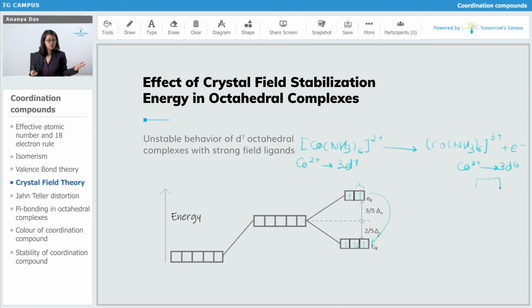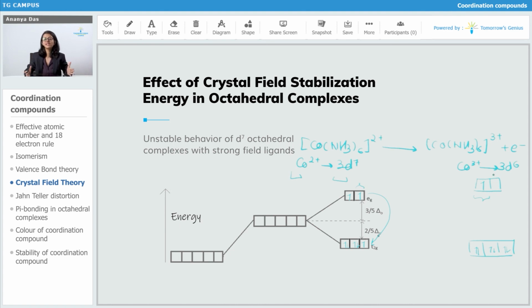So that the configuration we get is eg1 and t2g6. So now this is t2g6 and eg1. So the eg1 electron, that is this electron, it readily goes out of the complex and it oxidizes the complex. So that is why the Co2 positive in the 3d7 configuration turns to Co3 positive in the 3d6.